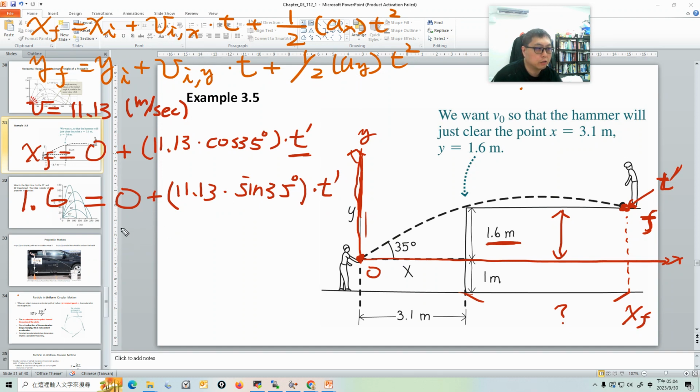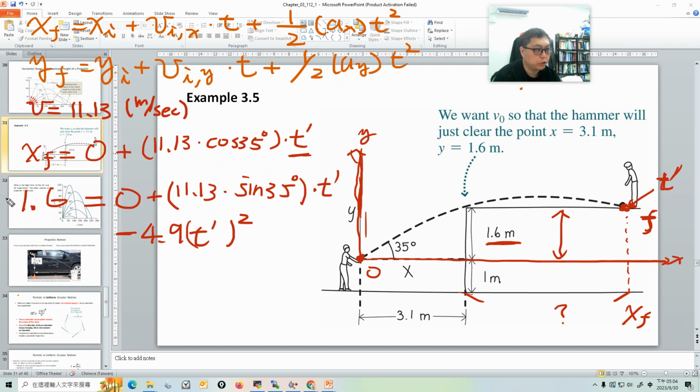As I said in the last video, be careful: it's minus 4.9 t prime squared, because 9.8 points downward, so it's negative 9.8 times t prime squared divided by 2.